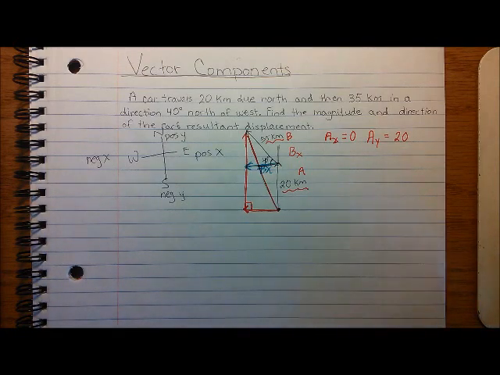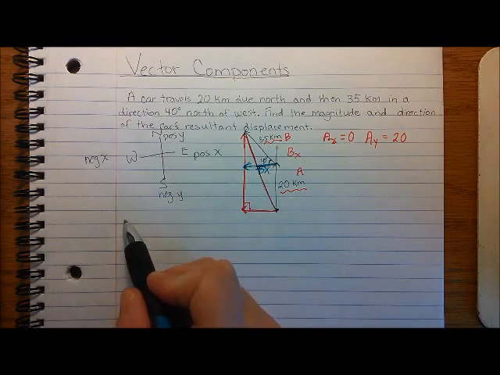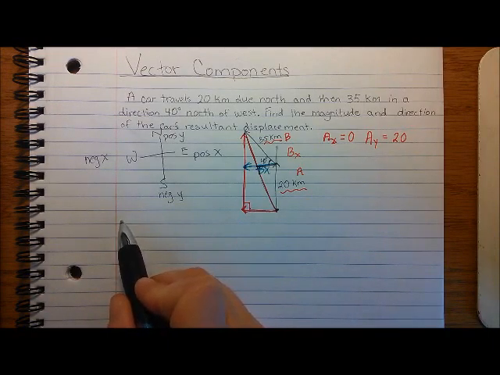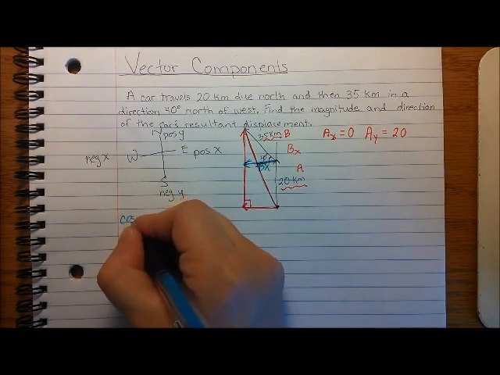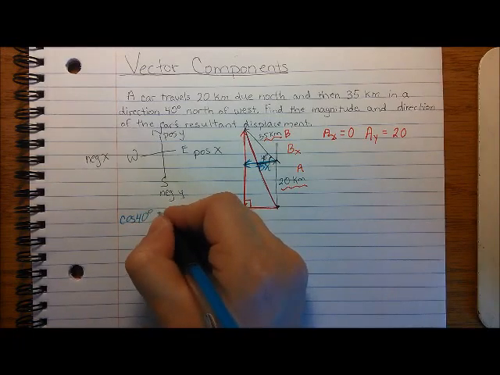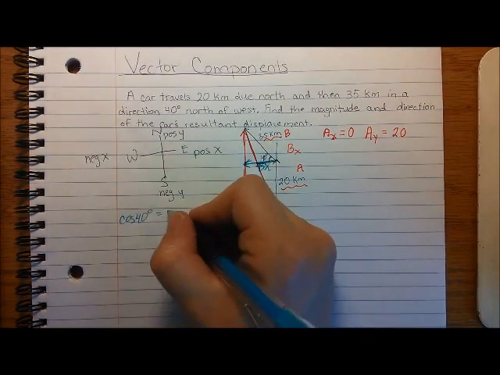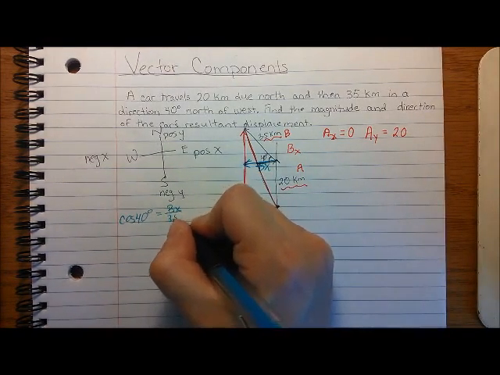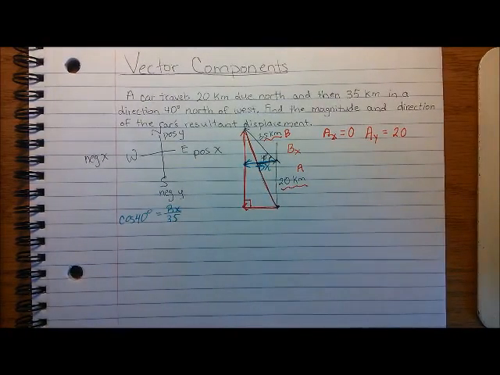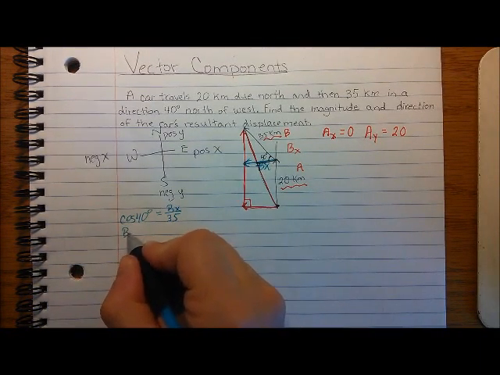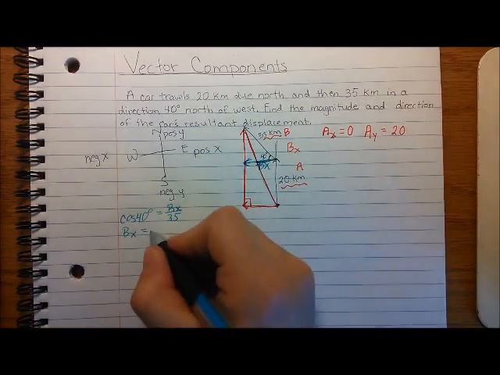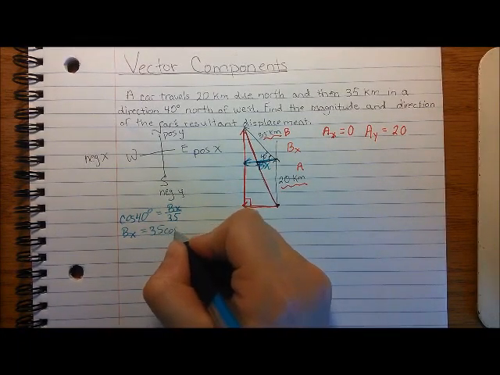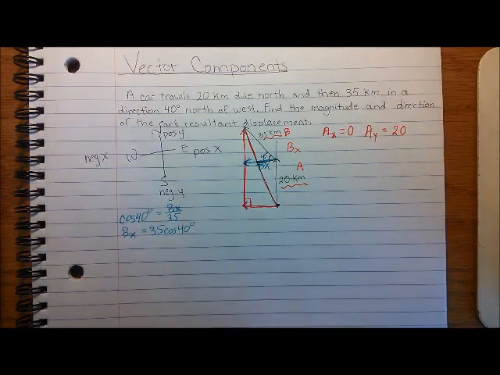So we come up with this expression: the cosine of 40 degrees is going to equal Bx over 35, that 35 being the hypotenuse. Then we can just solve this for Bx, and we come up with Bx equals 35 cosine 40 degrees.